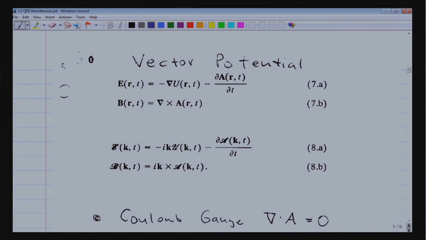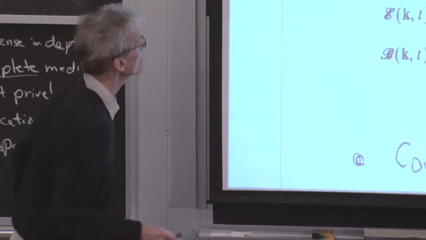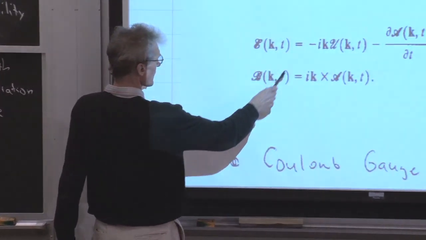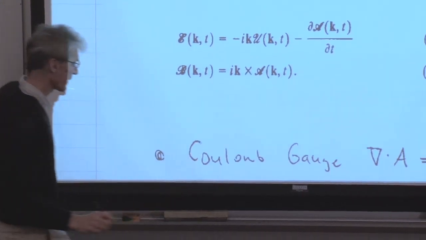So the next thing, of course, is to define the vector potential and the scalar potential. By using the standard substitution, we can now express electric and magnetic field by a scalar potential and by a vector potential.